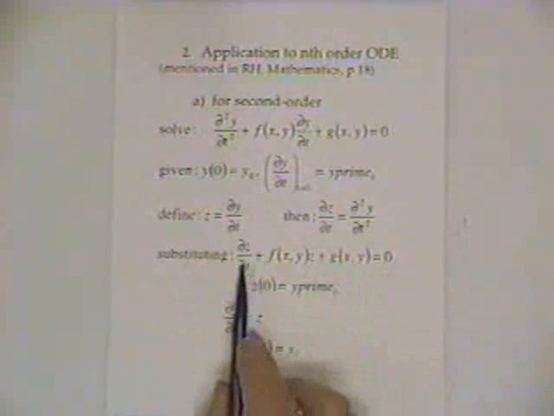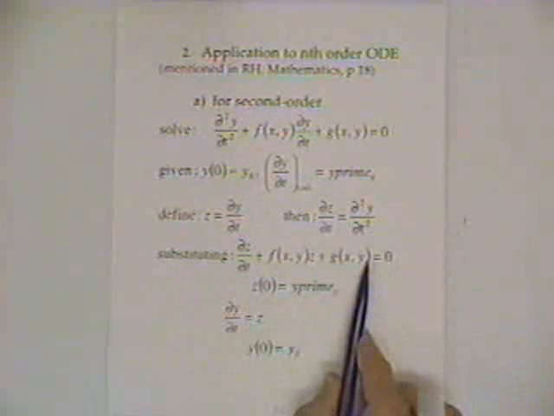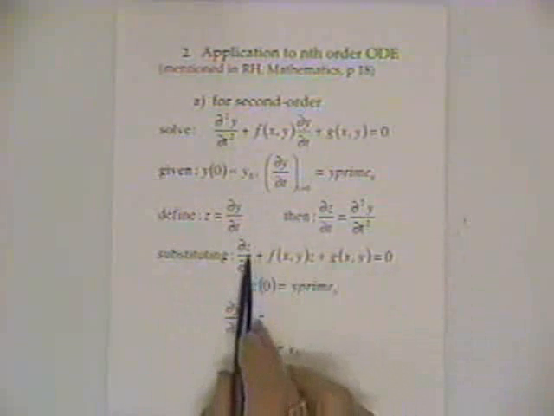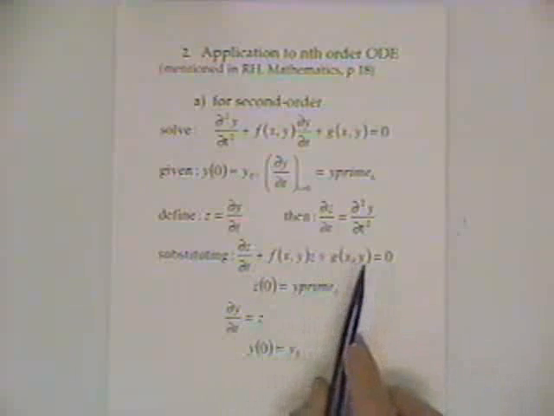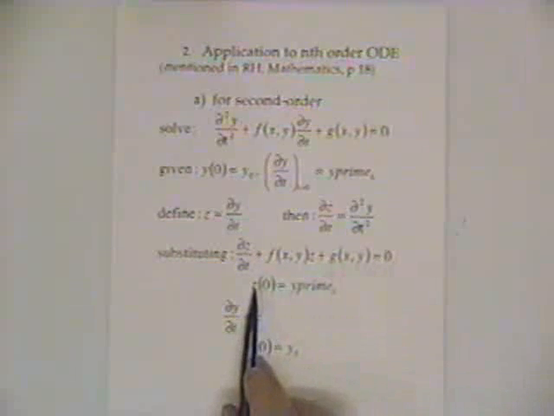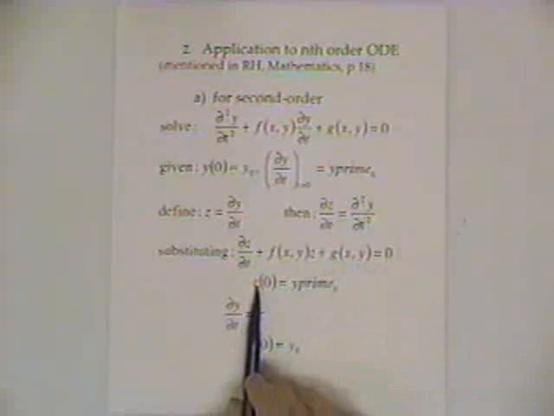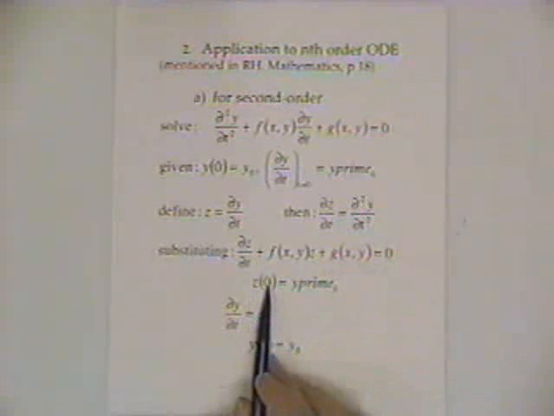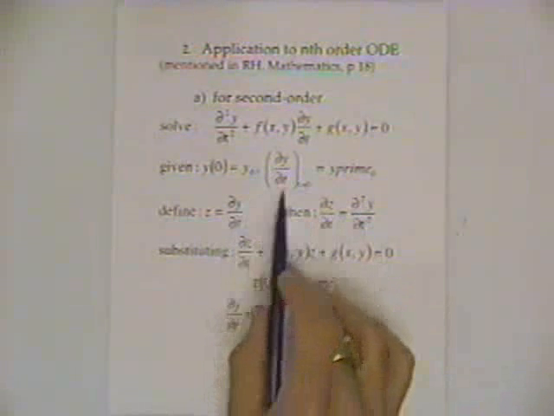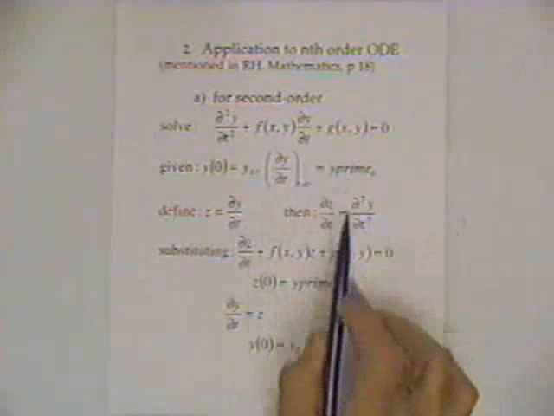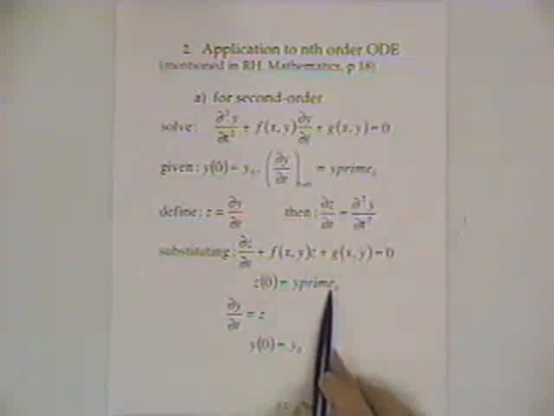And now we have an equation which is a first order ordinary differential equation. All right? So that we have dz/dt is equal to something that depends on x, y, and z. All right? The initial condition then is that z at t equals 0 is dy/dt at t equals 0, which was specified in this case as y prime sub 0.